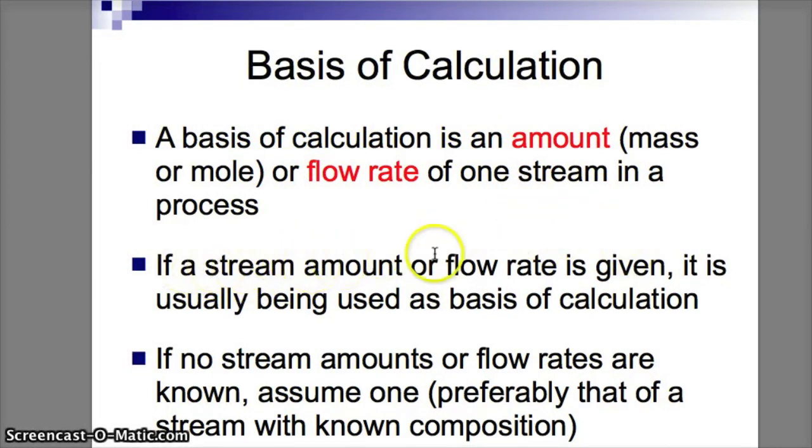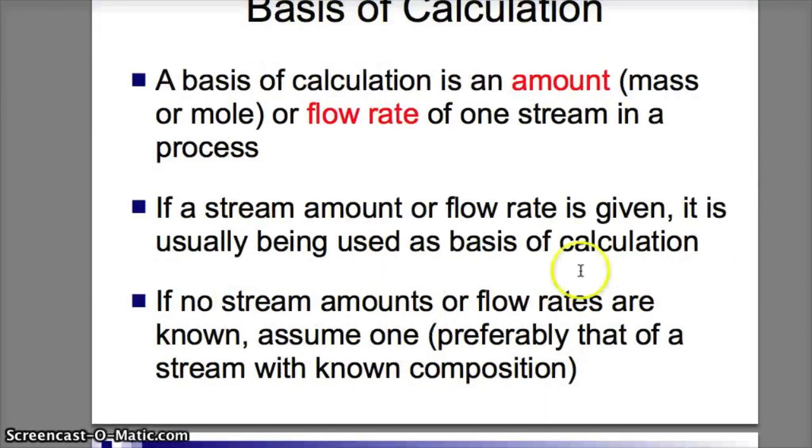So if a stream amount or flow rate is given, it is usually being used as the basis of calculation. So you have to set the basis of calculation. If not, you'll jumble up and get confused and, I don't know, fail the paper. I'm just saying. So if no stream amounts or flow rates are known, assume one, preferably that of a stream with known composition.